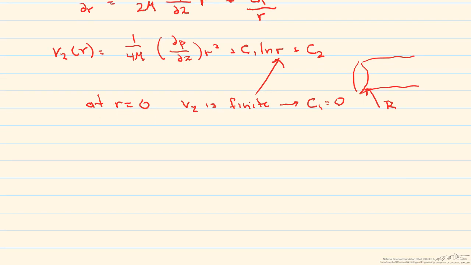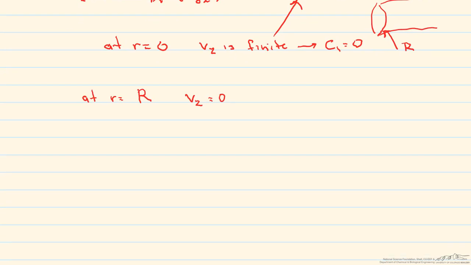Okay, let's look at the second condition. At r equals big R, which is the surface of the wall, the radius of the wall, the velocity is equal to 0. Again, that's because of the no slip condition.